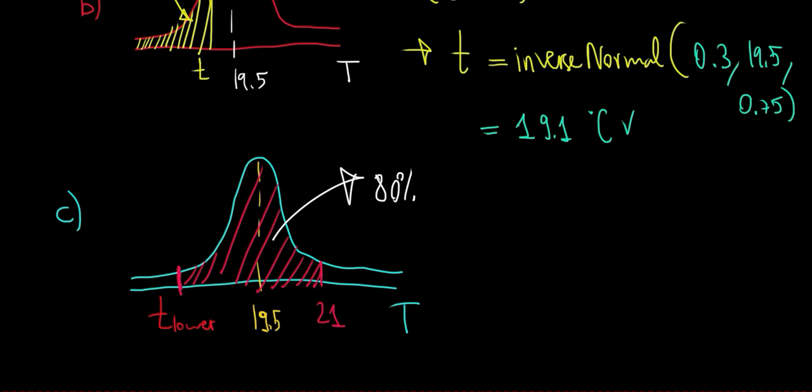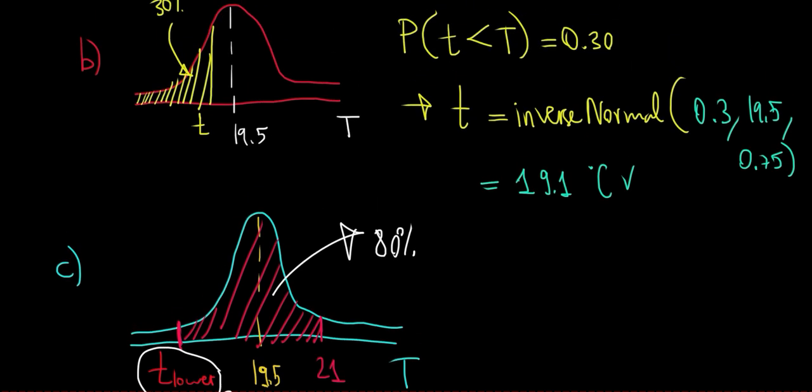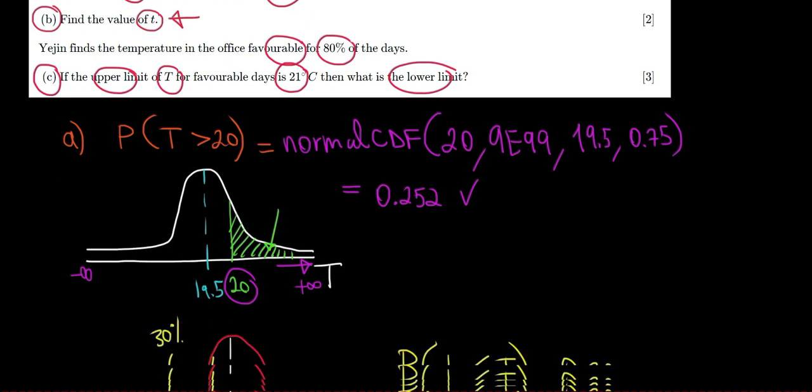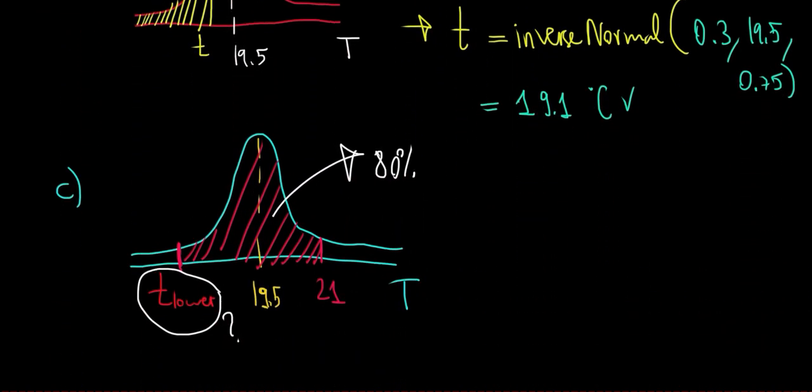As you have heard, that region is 80%. So the question is, how do we go from this information all the way to the lower limit? Well, we are going to use some subtractions. First of all, we can calculate the probability of our temperature to be less than 21 degrees. You might be wondering why. Well, this is my thought process and the method I would recommend you to think about.